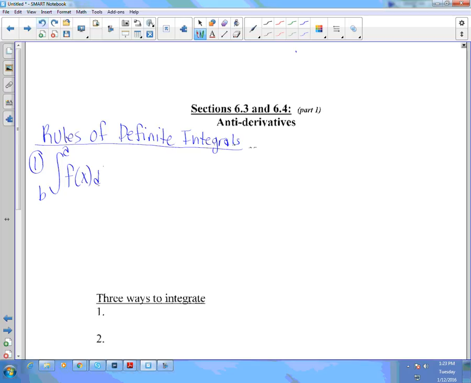They should be in order from left to right. So remember what happens when you rearrange them? A negative comes out. So it should be from A to B of f of x dx, but by rearranging them, a negative comes out of the integral sign. Okay?